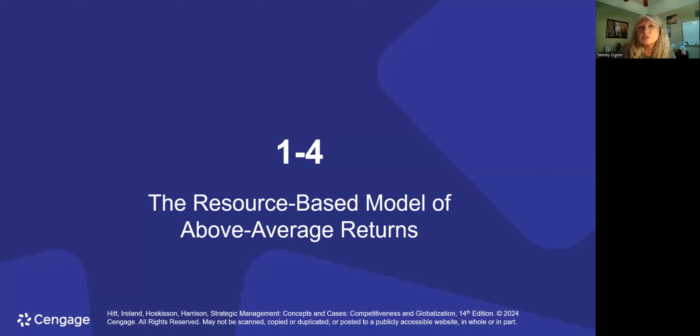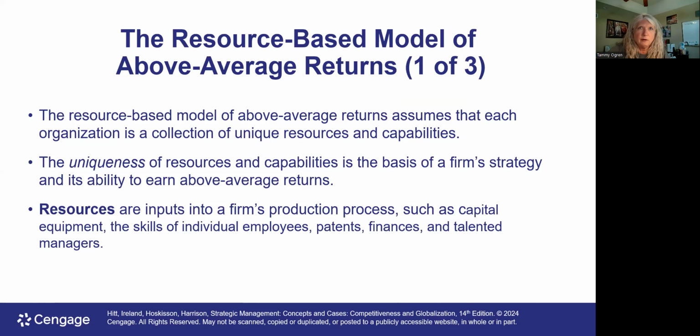So next, we're going to talk about the resource-based model of above average returns. In this model, we are looking mostly at our unique resources, our capabilities, the uniqueness within our walls, within our organization. Resources are inputs in a firm's production process: our employees, our capital equipment, our intellectual information, and what we have.